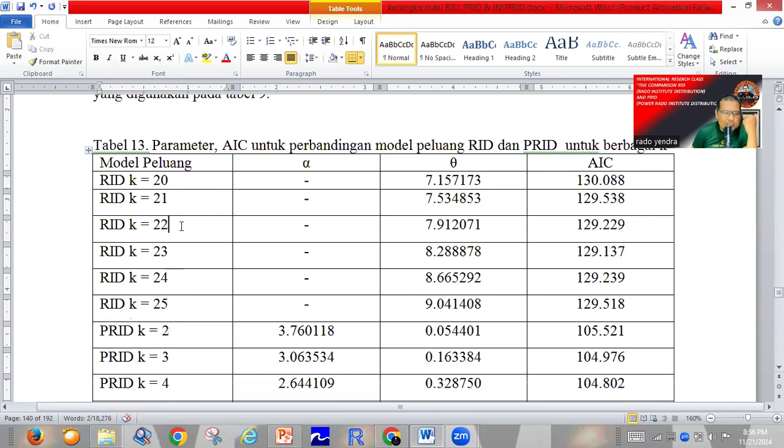It means we use six Rado Institute Distribution models with various K, starting from 20 until 25.